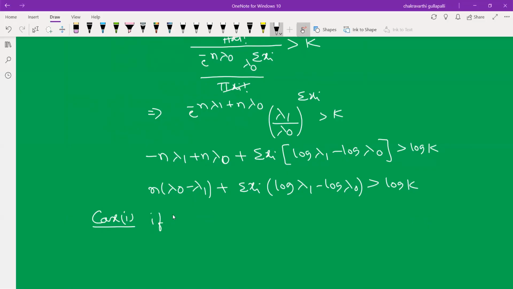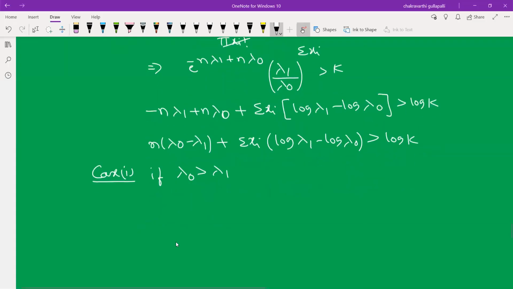Now, case 1: if lambda naught is greater than lambda 1, this difference is a positive value.